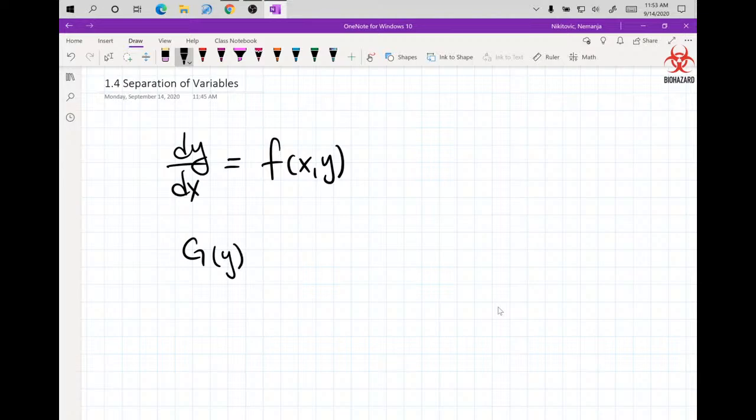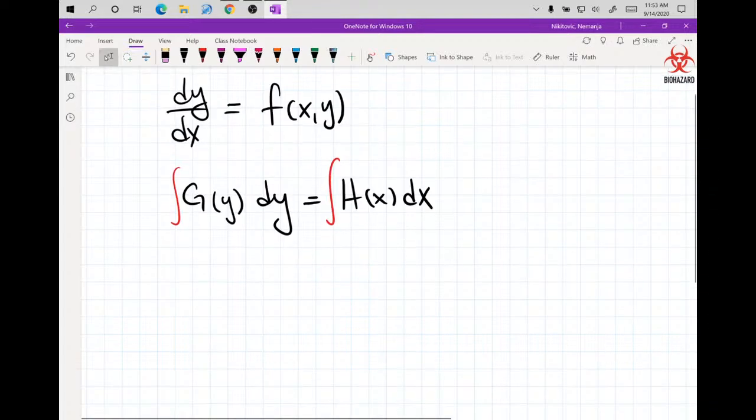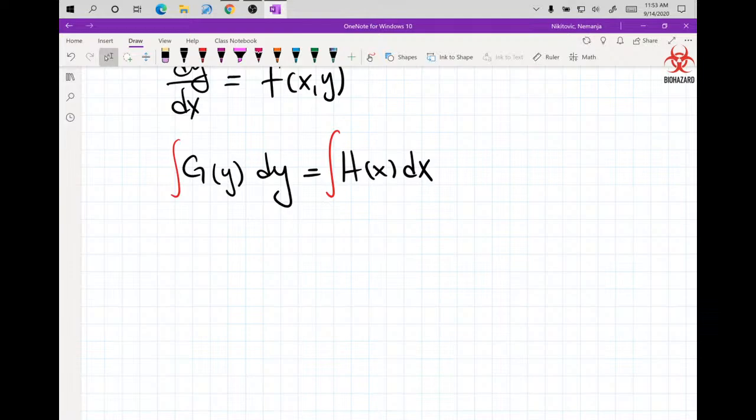Make g of y dy equal h of x dx, and then integrate both sides. And you have been doing this for a long time. If you have an initial point, you will be able to calculate C, which would give you a particular solution.